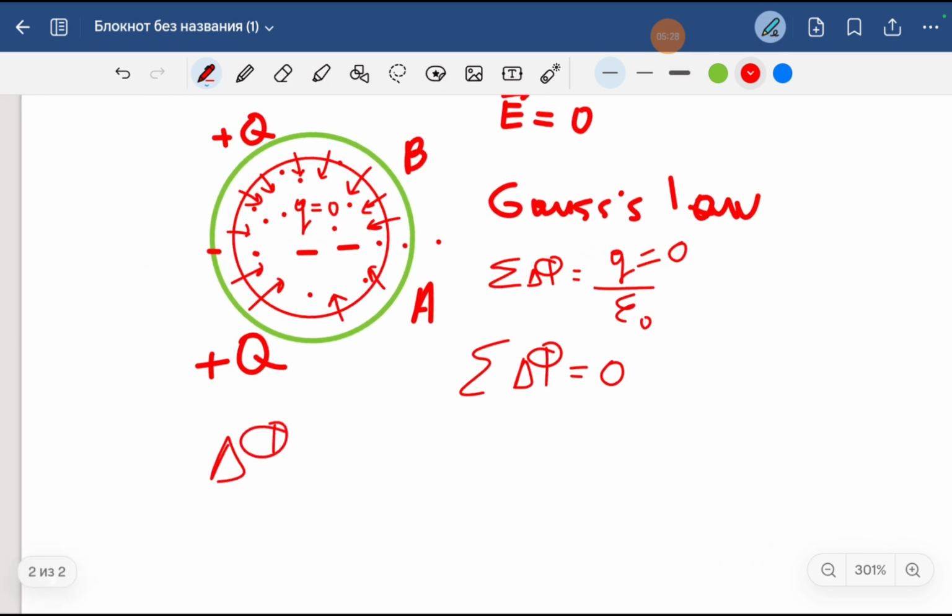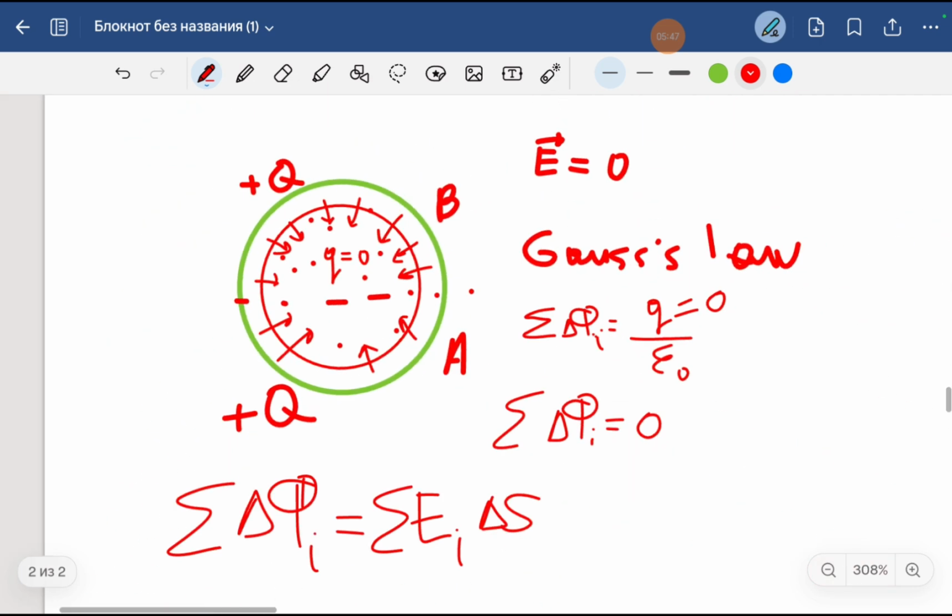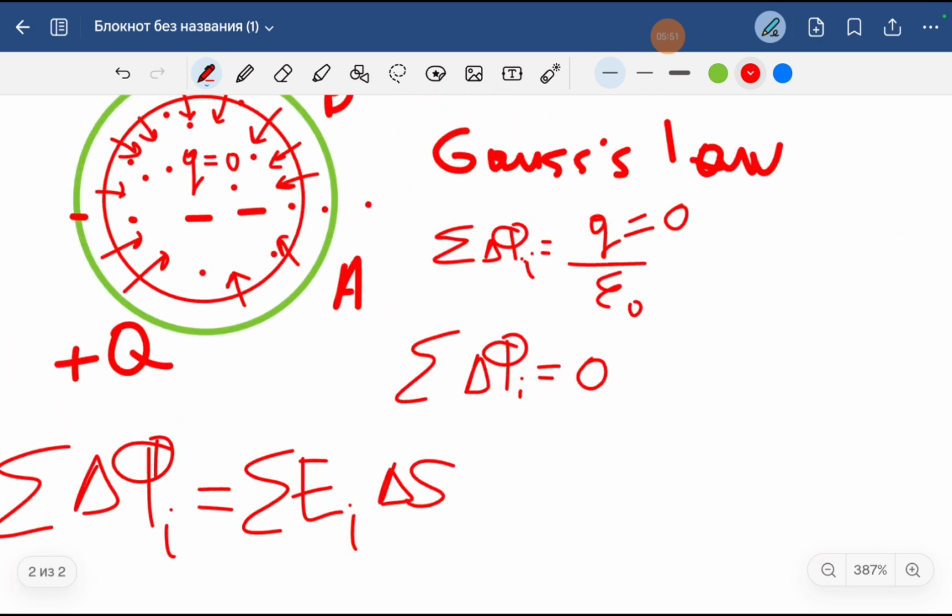On the other hand, the flux can be expressed as the sum of elementary fluxes, each of which is the product of electric field strength and the area of an elementary surface. Since the field is the same at all points, due to symmetry, it can be factored out of the sum.